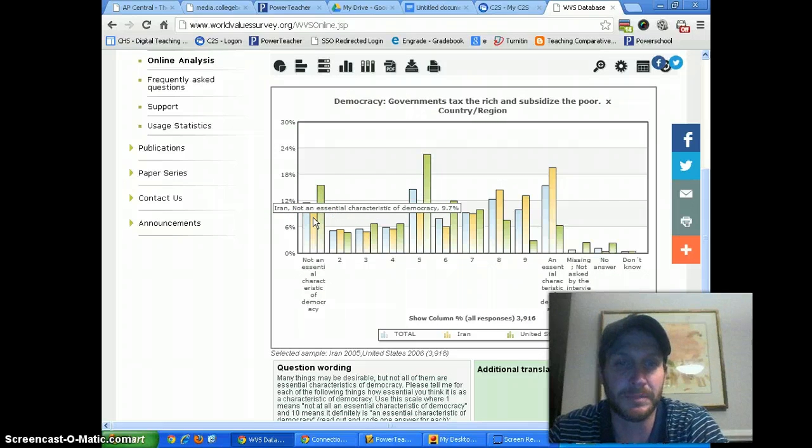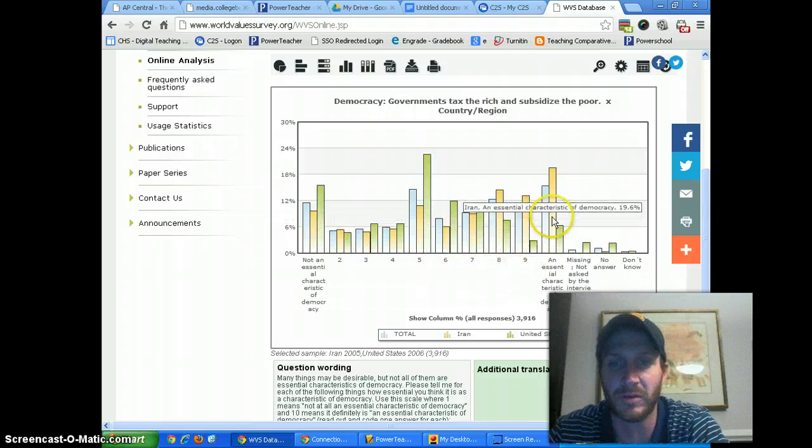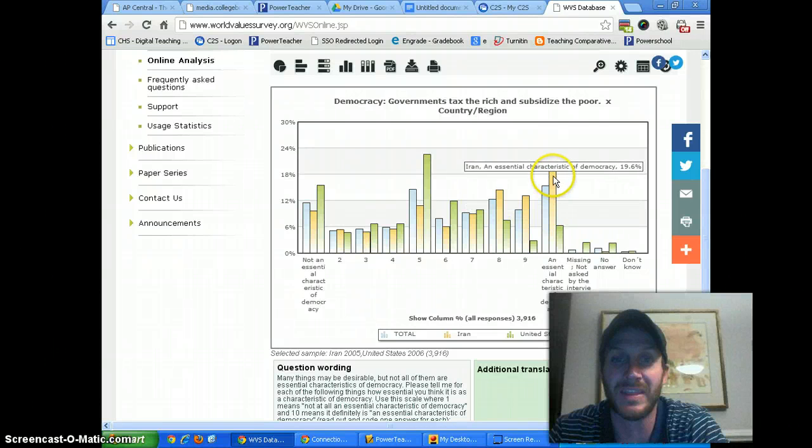Fewer people in Iran think it is not an essential characteristic of democracy. This is the one value over here. If I go over to value number 10, you see that more people in Iran think that this is an essential characteristic of democracy. Still not a majority, but more than in the United States.